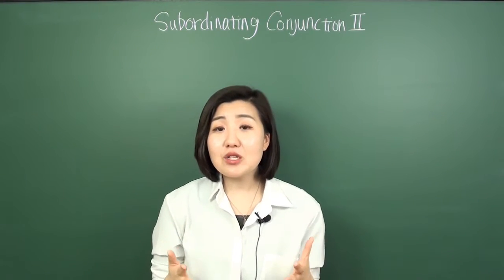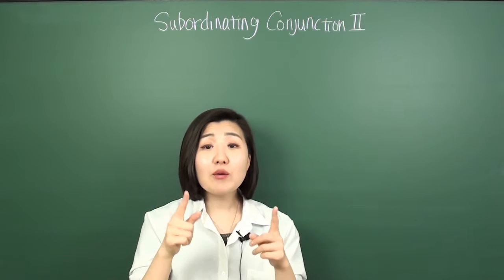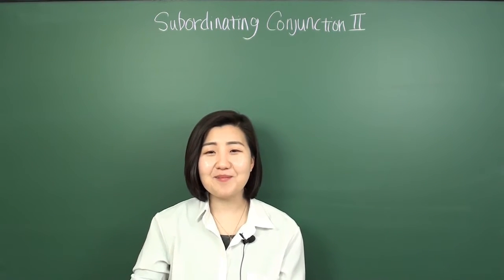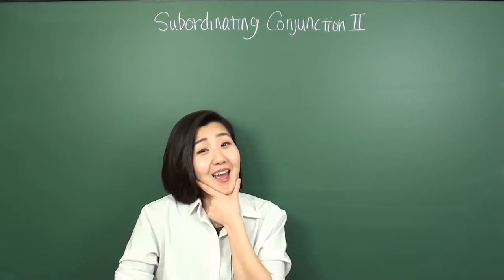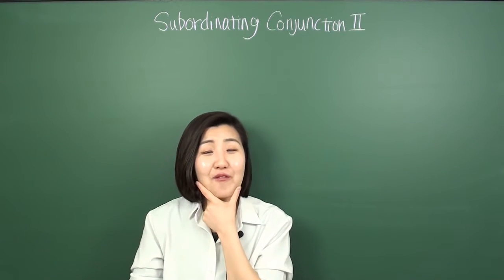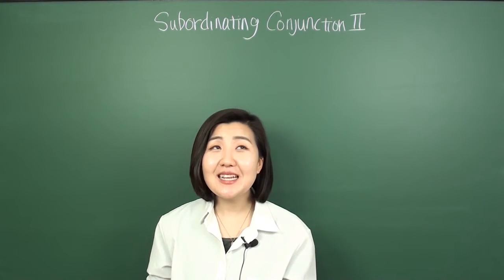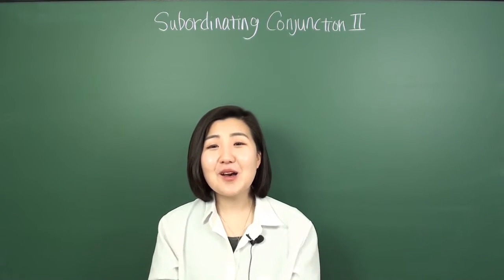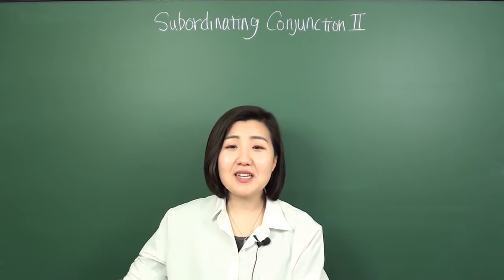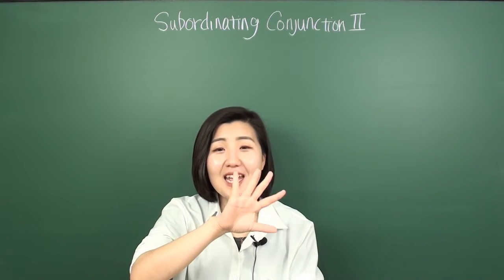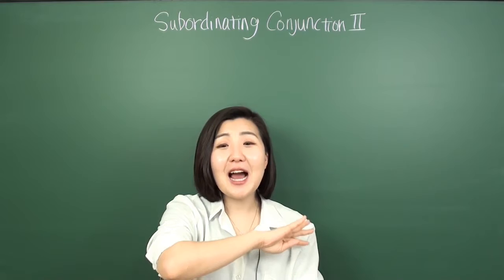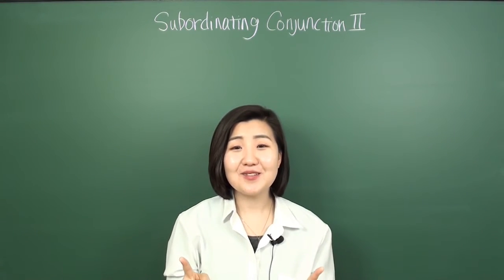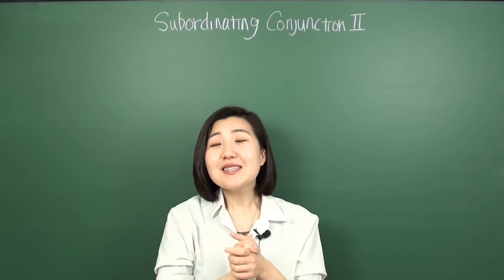Then I want to ask you a question. What were some subordinating conjunctions that we learned last time? I hope you remember, right? So the first time when we studied the coordinating conjunction, we learned 7 of them. And for the correlative conjunction, we learned 5 of them, right? And previous time we learned how many? 4 subordinating conjunctions, right?